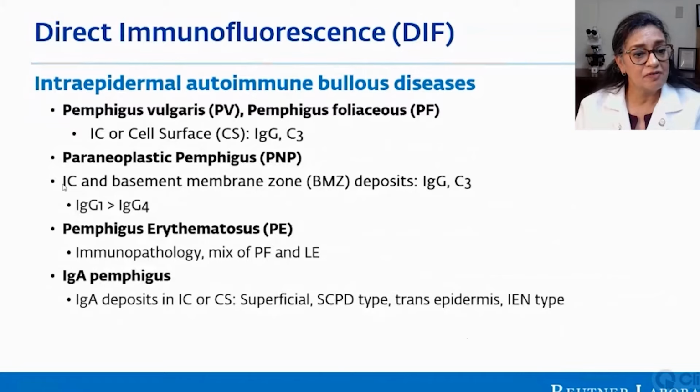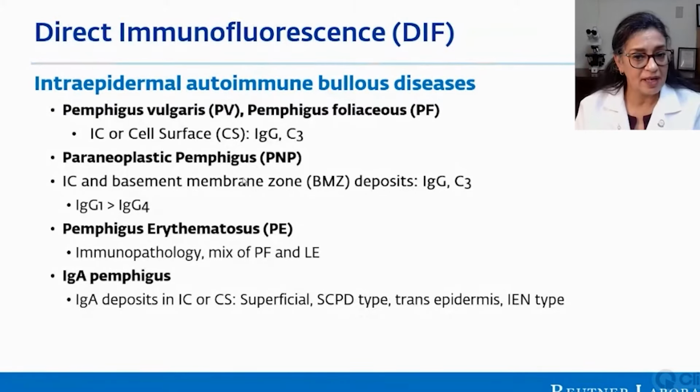Sometimes a mix of IC and BMZ, or dermoepidermal junctional deposits, can be seen. And this is seen in two settings. One is Pemphigus erythematosus, which is immunopathologically a mix of PF and lupus erythematosus. So we will see characteristic pemphigus deposits in the epidermis and granular deposits in the junction, which are indicative of a lupus band.